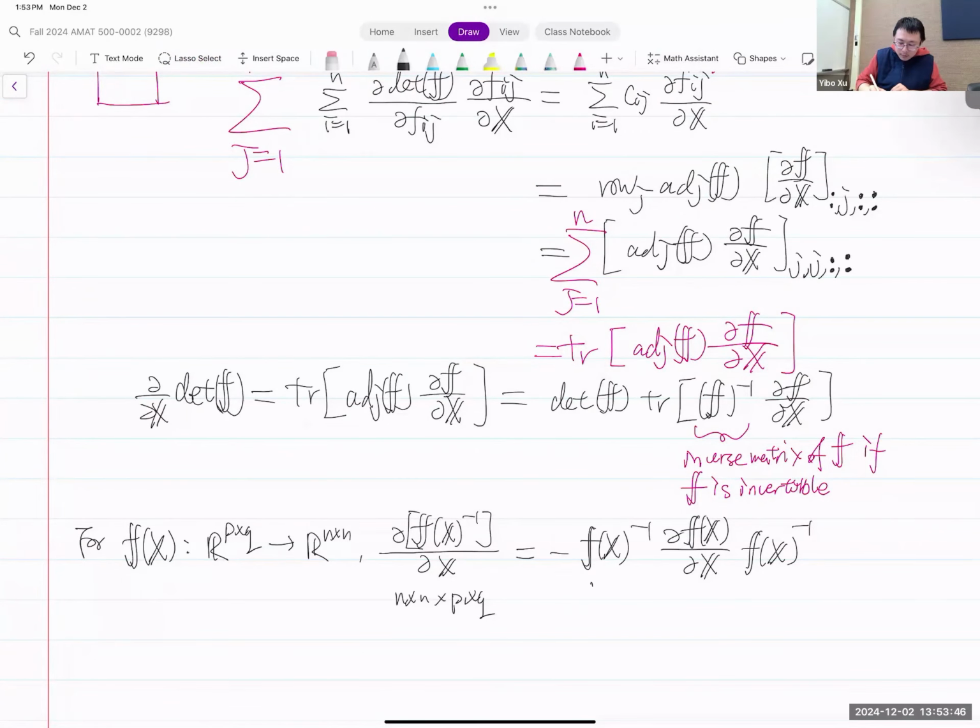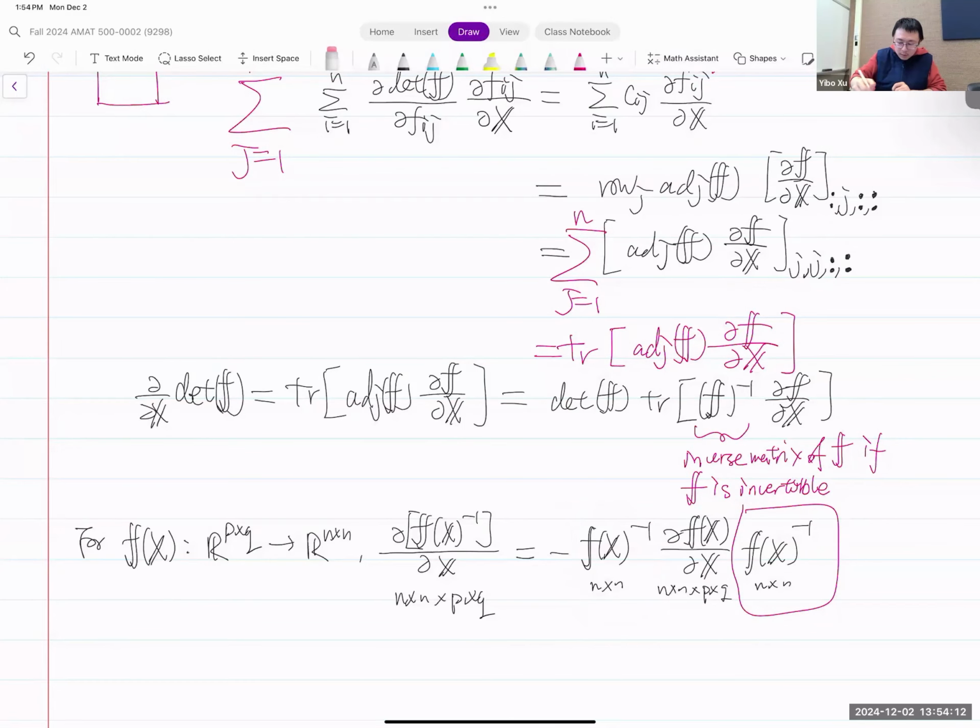So once again, F inverse is n by n. F inverse on the right is n by n. Now we have seen before that del F del X is n by n by P by Q. So you can suspect that this matrix multiplication is onto the first two dimensions of the tensor in the middle, and this is a right multiplication to that same thing.